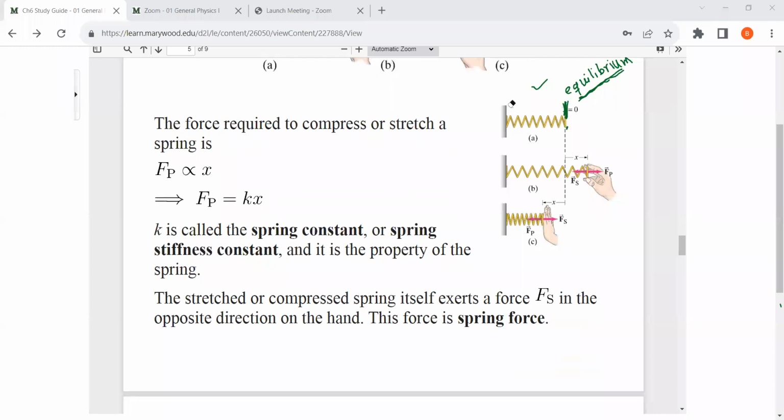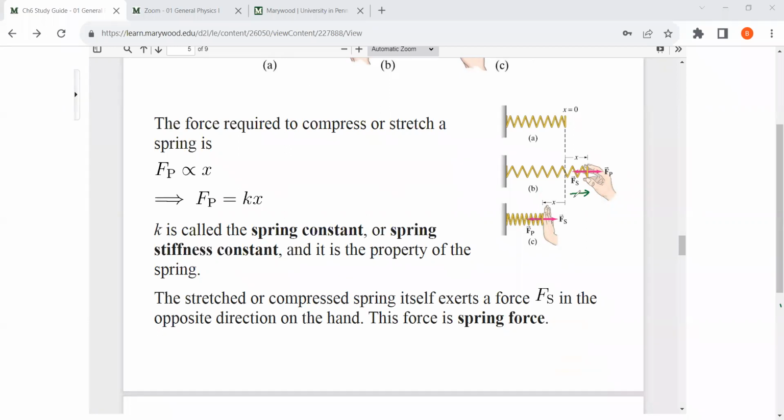Now if you pull it, you are pulling this spring in this direction, and compressing means in this direction. Let's try to understand pulling, and it is basically the same thing for compression.